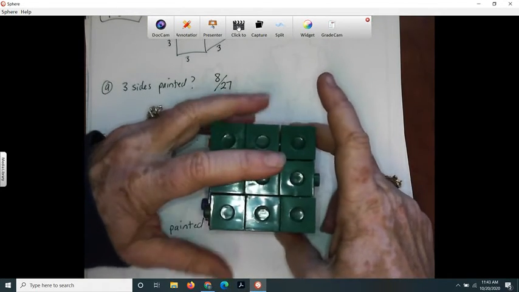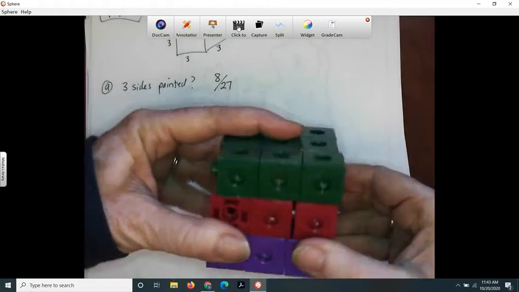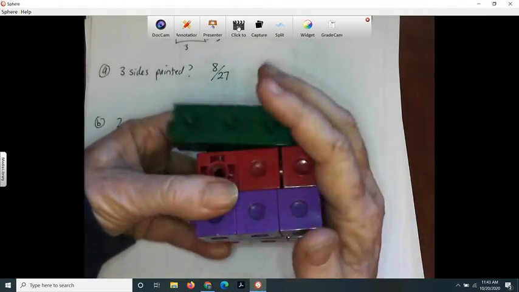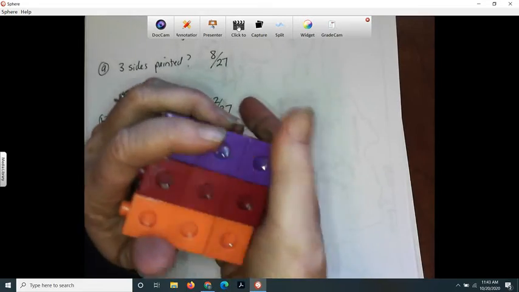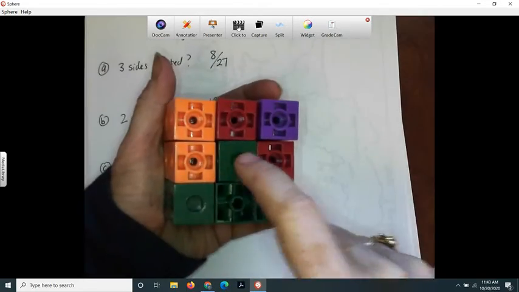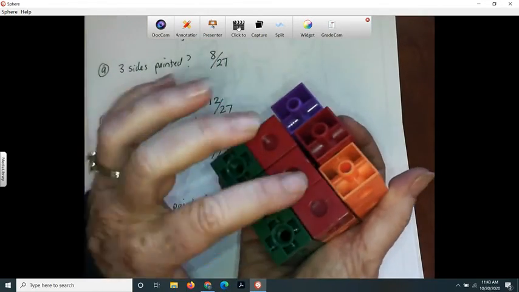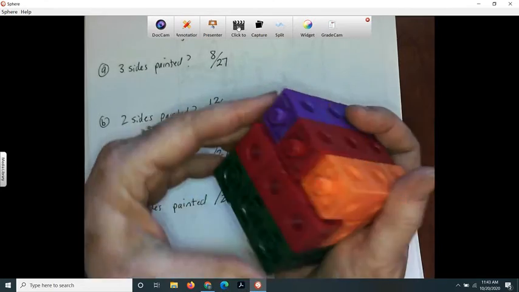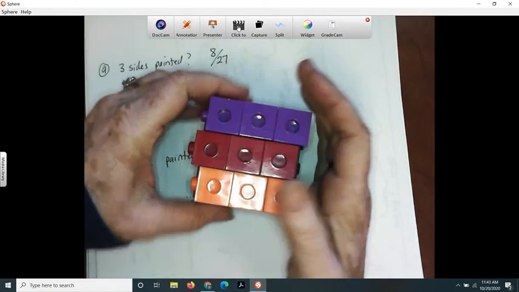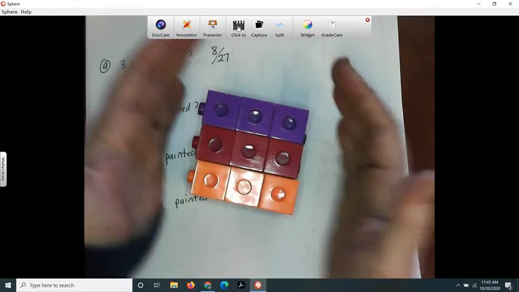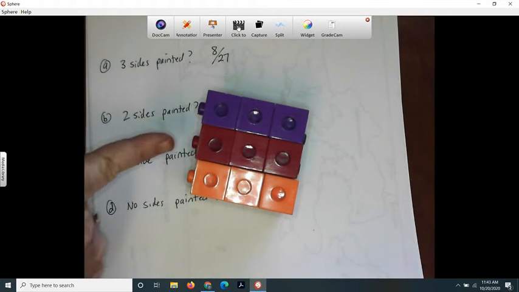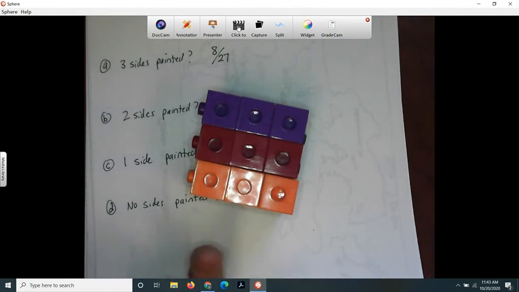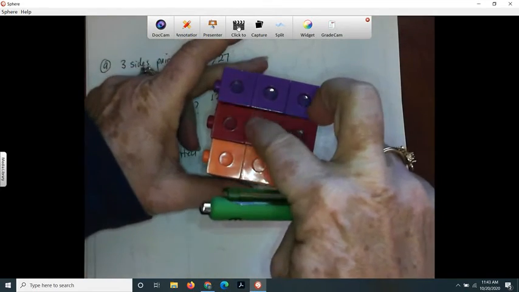And then if I keep flipping it over, that middle one, 3, 4, 5. There should be 6 because there's 6 faces. So there's 1, 2, 3, 4, 5, and then there's one on the bottom, 6. Because there's just these ones that are in the middle of each face.